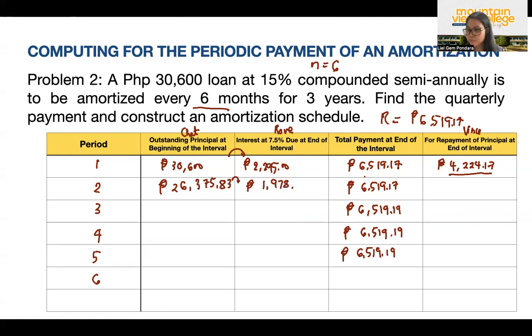Let's wait for a while. The last one is wrong, Rovi. It is 0.19. Yes. Kindly check again. 26,375.83 times 0.075.